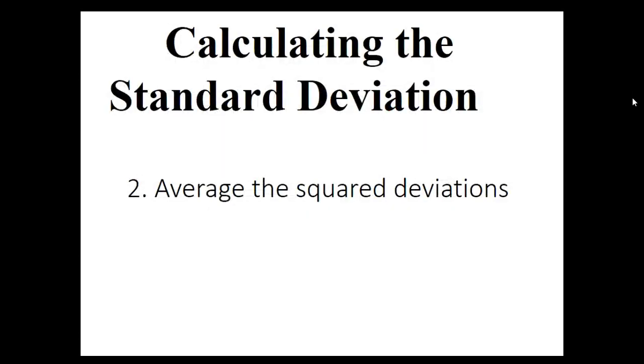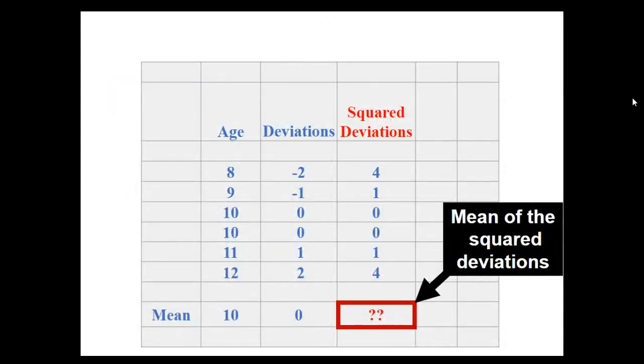Okay, now we're ready for the second step of calculating the standard deviation. In this step, we're going to find the average of the squared deviations. Another way to say the same thing is that we're going to find the mean of the squared deviations.